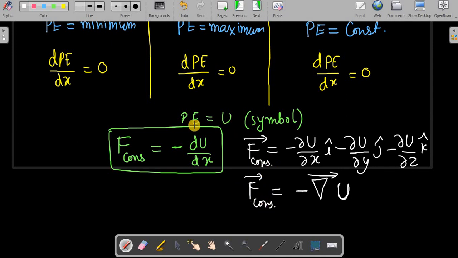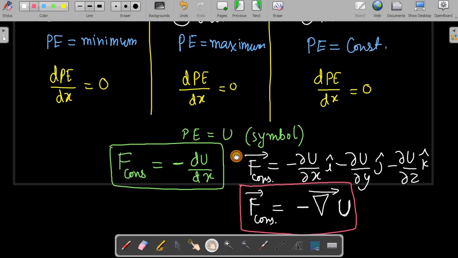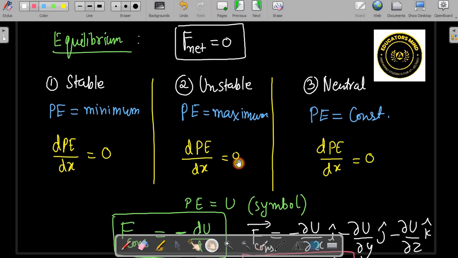Last time we discussed how conservative force can be written. So for a conservative force or conservative system, potential energy is defined. Potential energy is defined only for a conservative system. Okay, so that's what it is.